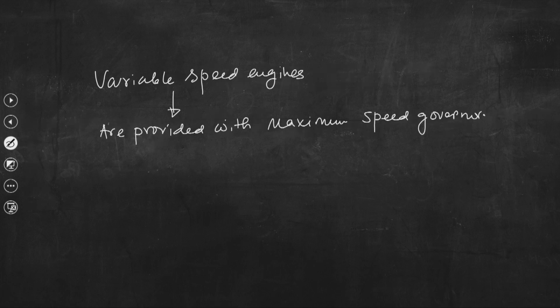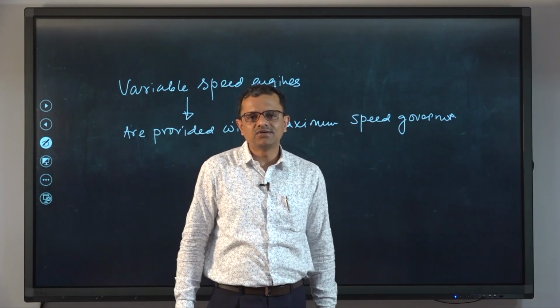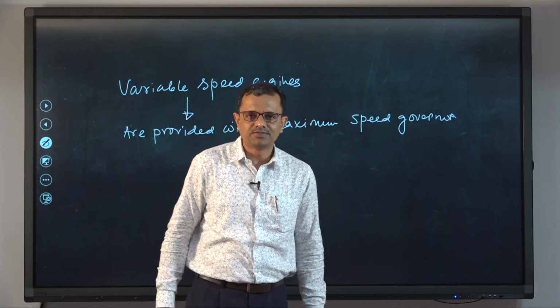The function of this particular governor is to limit the maximum speed of the engine. Why is it so, and why do we need this type of governor in the operation of variable speed engines?